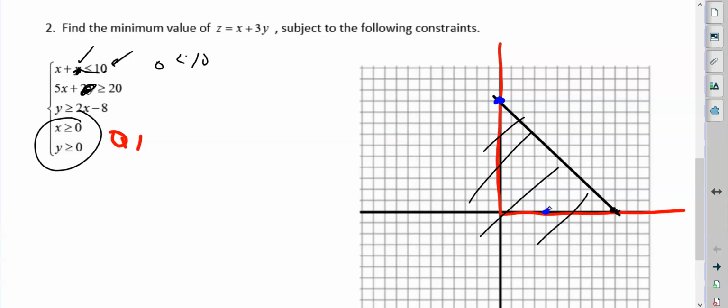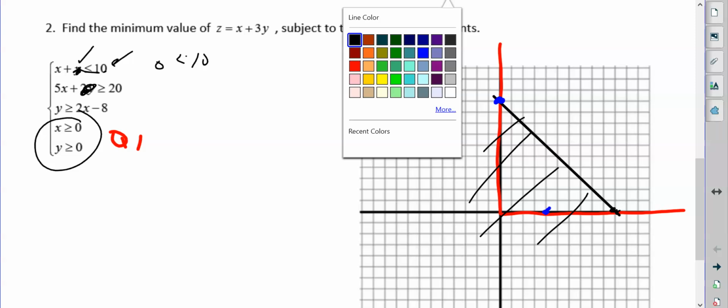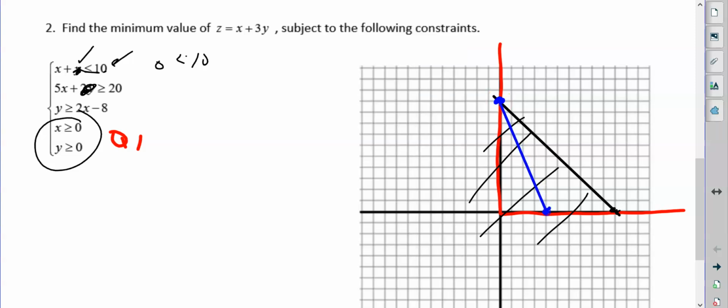And I'm going to connect those two points. Now, I'm going to plug in 0, 0. 0 is greater than 20. True or false? Well, that's false. So I'm going to shade this way.